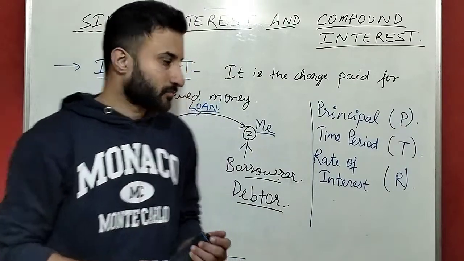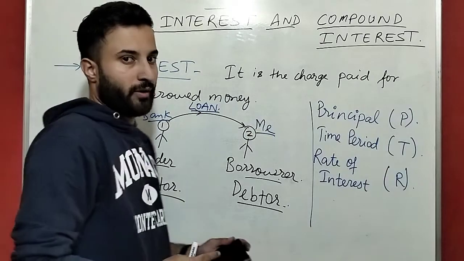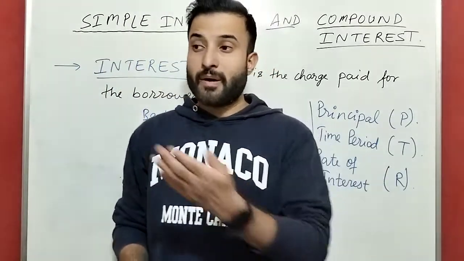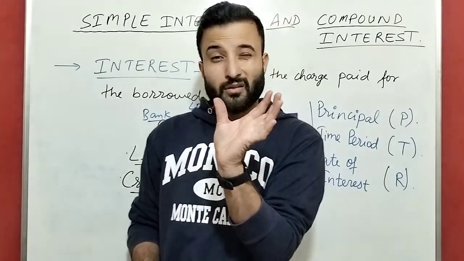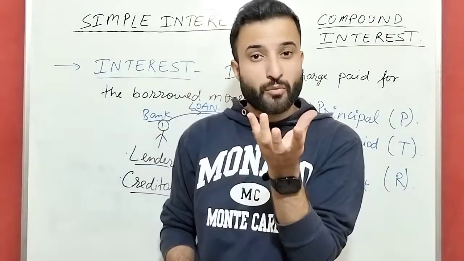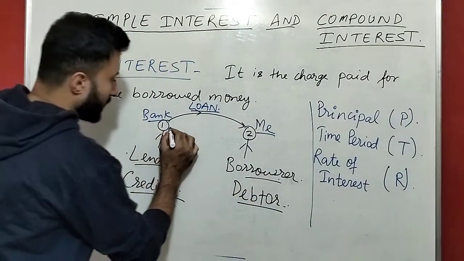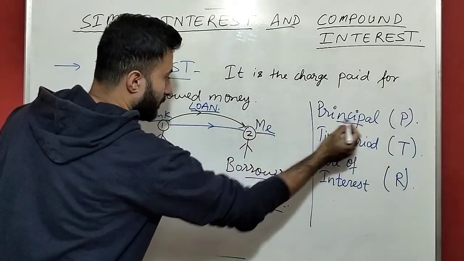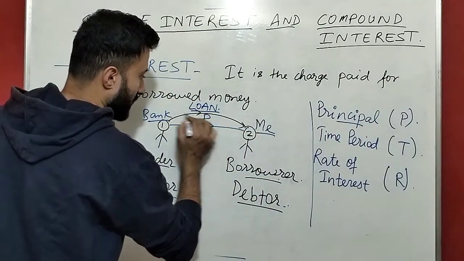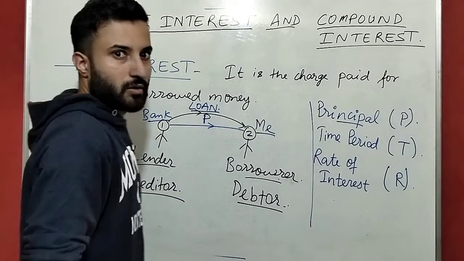Okay, clear? Now the bank is giving me a loan, but in the form of money. So the bank is giving me money, and that money is nothing but the principal. Not the principal of your college or school.